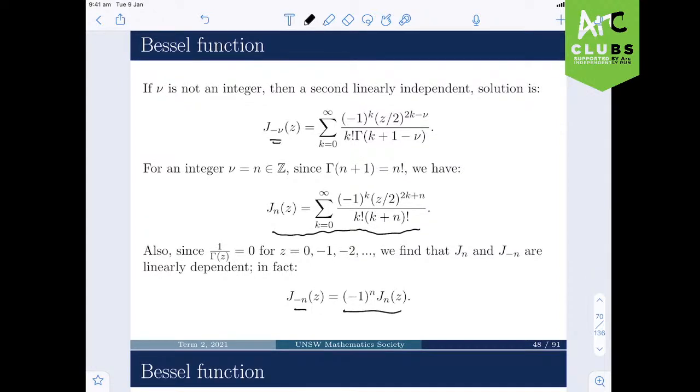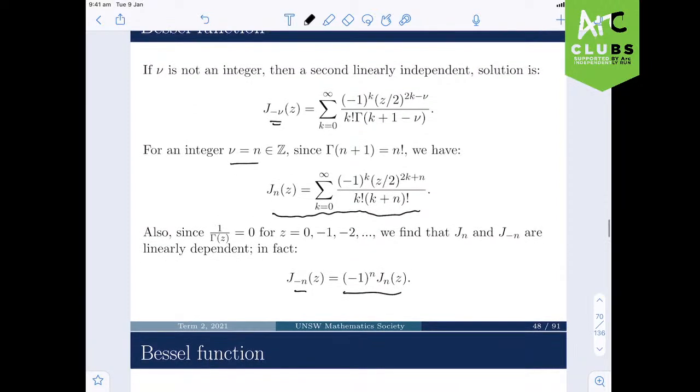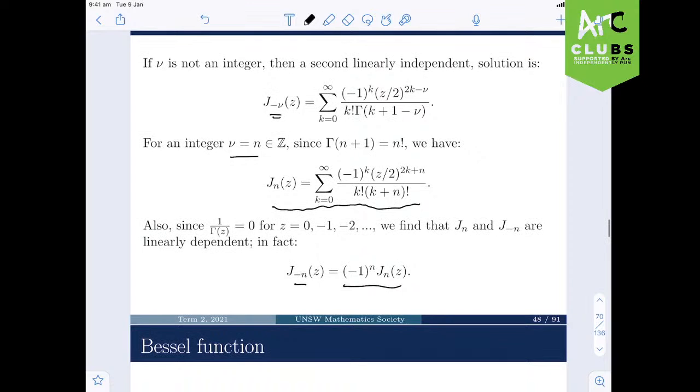But Chris did also mention that for the integer case, when nu is an integer, actually, no, never mind. There's something about Neumann functions when you get into these problems of only having one linearly independent solution.